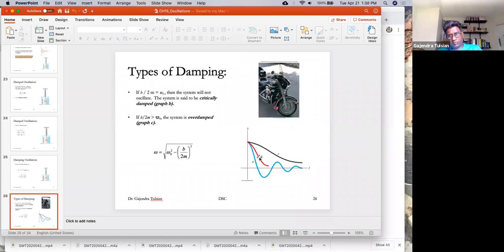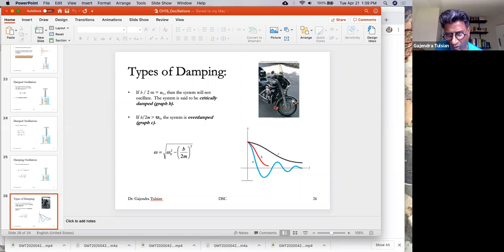Here's a system which doesn't even oscillate; it just goes back to its original equilibrium position, and that happens when b by 2m equals omega naught, omega naught being the square root of k by m. When this term is 0, the system is called critically damped and it doesn't oscillate. And if this term were bigger than that, this becomes an imaginary number, and the system doesn't even go back to its original equilibrium position.